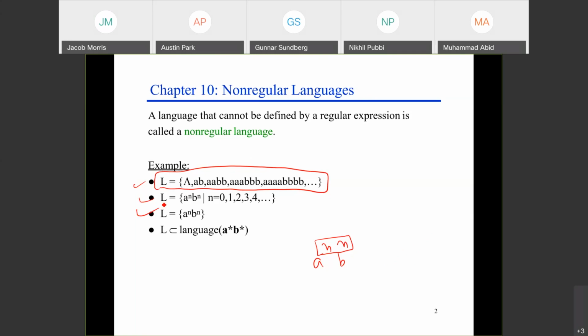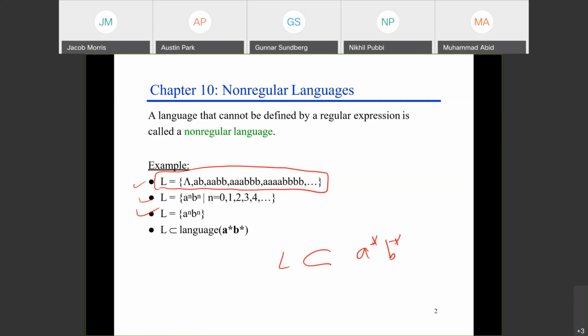Now we can say that this language is a subset of the language a*b*, because a*b* is everything. It has all A's, all B's, only A's, only B's, and it follows the order: A always comes first, B always goes after that, and it has the same number of A's and B's, as many as you like, but it has some other strings also, which are not in our language.